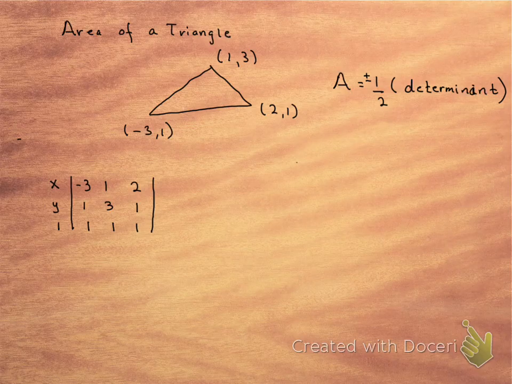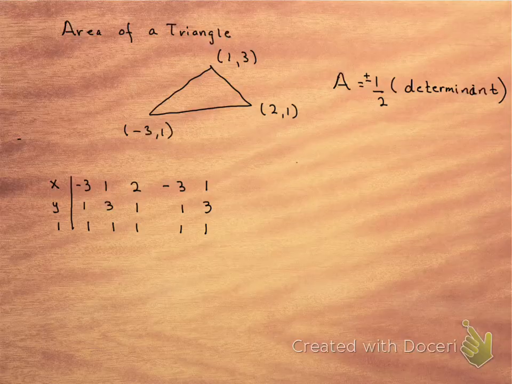Now we need to find the determinant of that. So we will do this one, okay? We will do this one. So we'll pick up the first 2 columns and rewrite them at the end. Okay, let me write them a little bit closer.